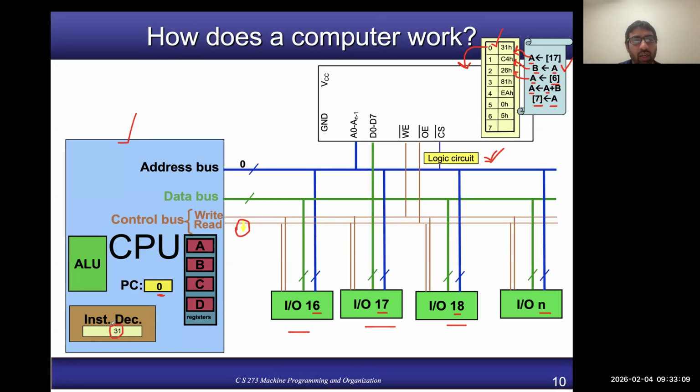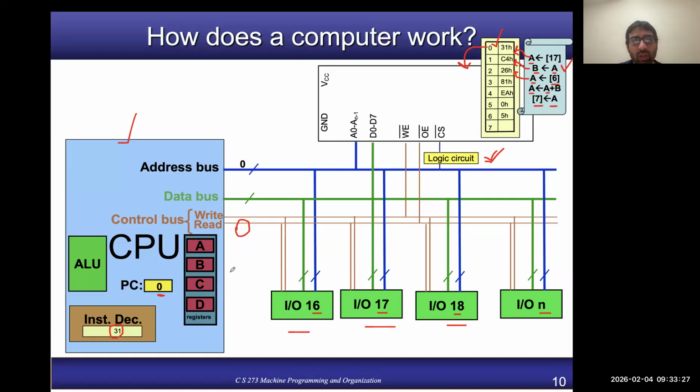The instruction decoder will decode it and understand that it needs to read the value from address 17 and put it in register A, so it needs to read again from address 17.